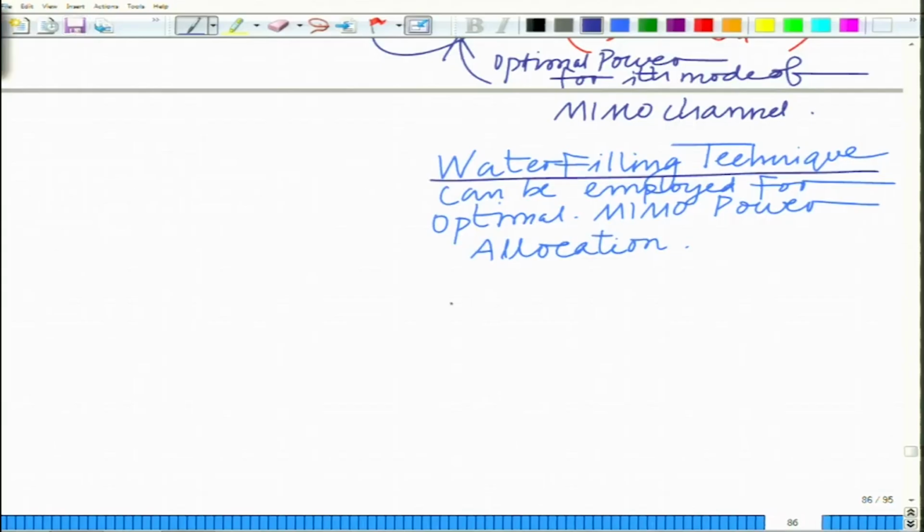In fact, the technique to find nu, the Lagrange multiplier, is through the total power constraint, correct.